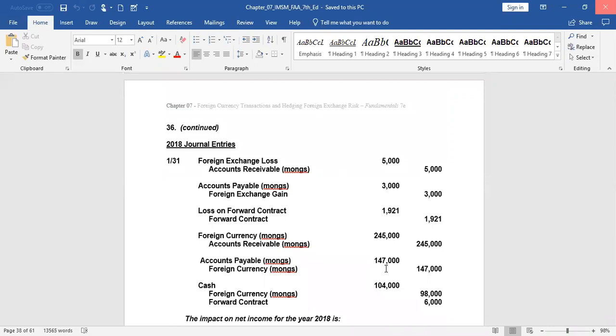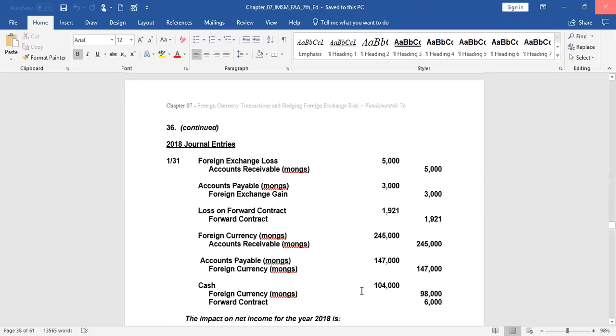Any loss from the end of last year to January 31st is recorded in this year. So the spot rate on December 31st, 2017 was 50 cents. It now has decreased to 49 cents. So it's lost another penny per mong. So 1 cent times 500,000, debit foreign exchange loss of 5,000, credit accounts receivable.